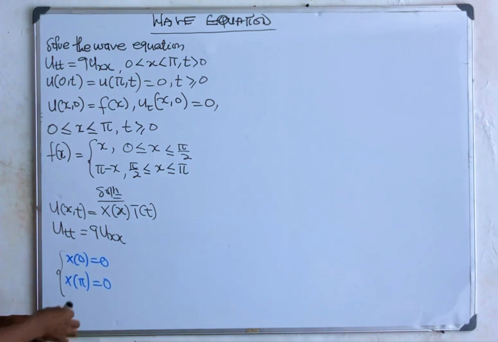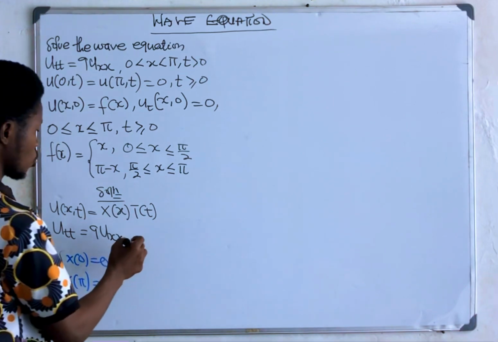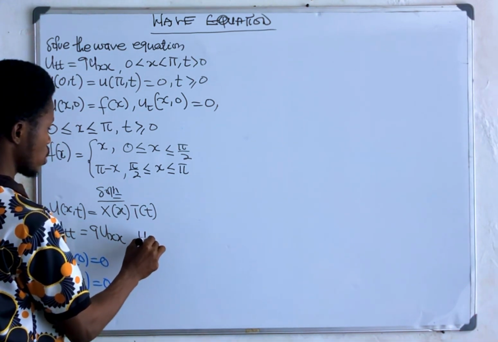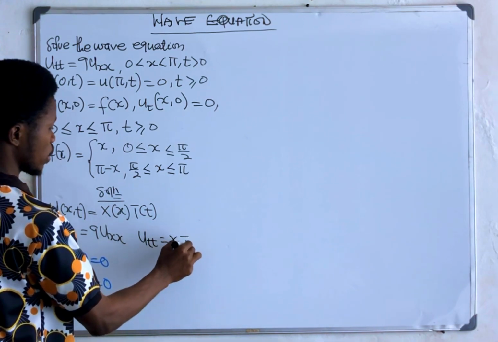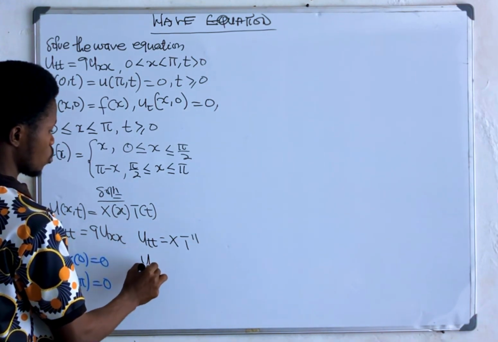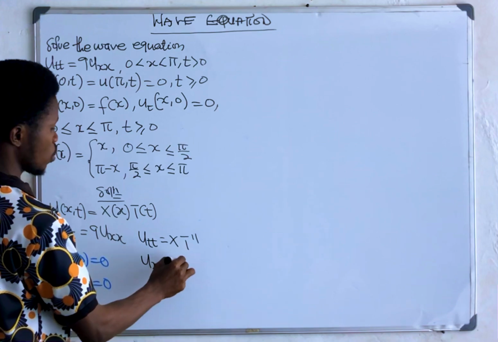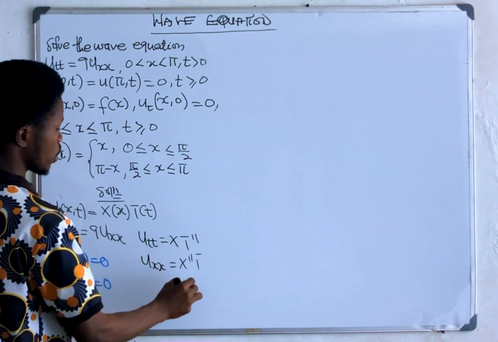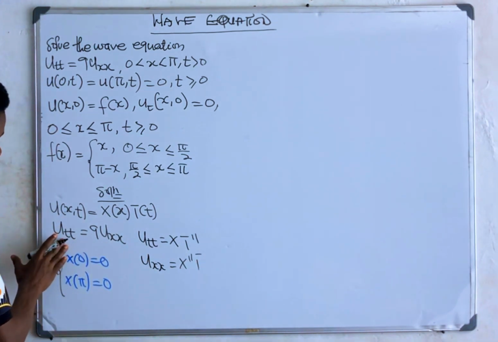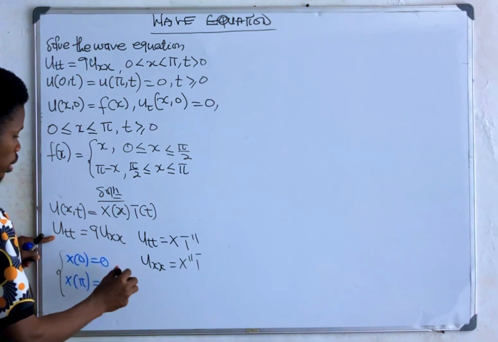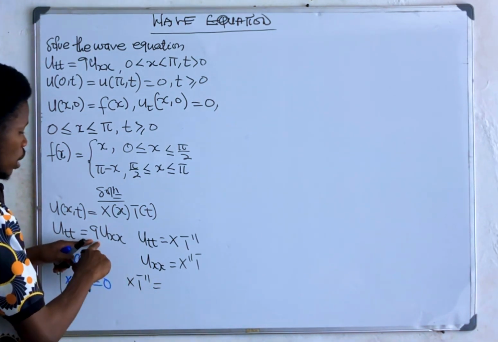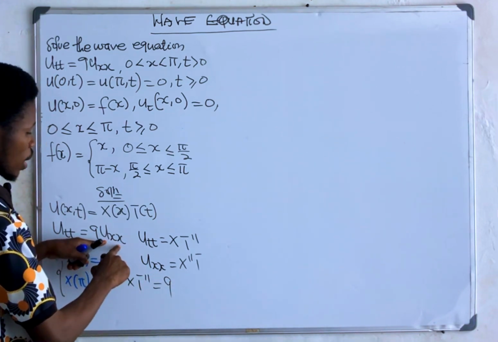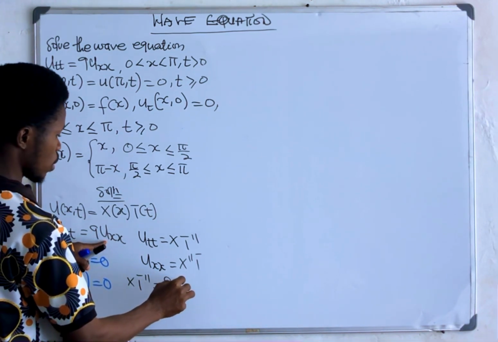we need to differentiate this two times. So let's do that. u_tt is going to give us X T double prime. Then u_xx is going to give us X double prime T. Then after that, we come and substitute here. So my u_tt, X T double prime, is equal to 9 times u_xx, which is what?